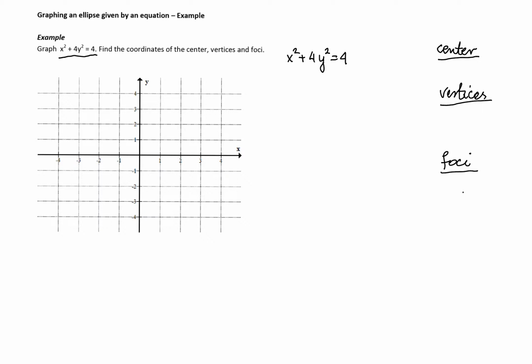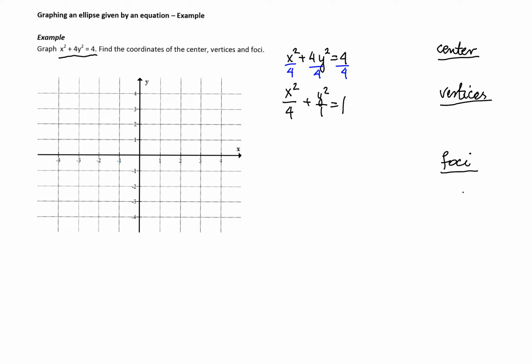So the first thing we'll do is divide everything by 4, so the right hand side is 1. The equation then becomes x squared over 4 plus y squared over 1 is equal to 1. One of the numbers in the denominator is a squared and the other one is b squared.